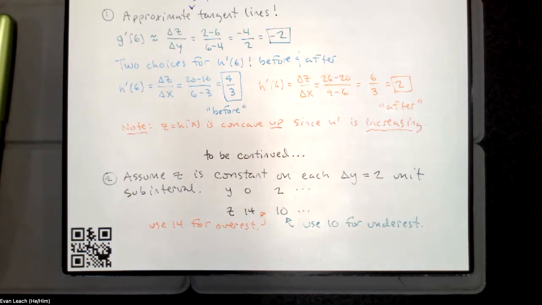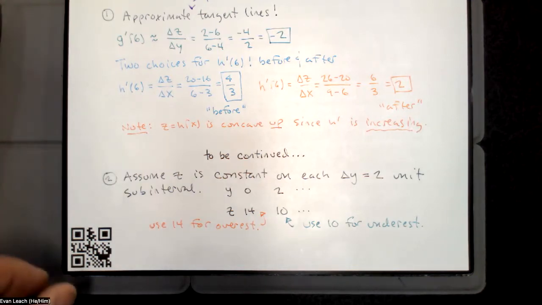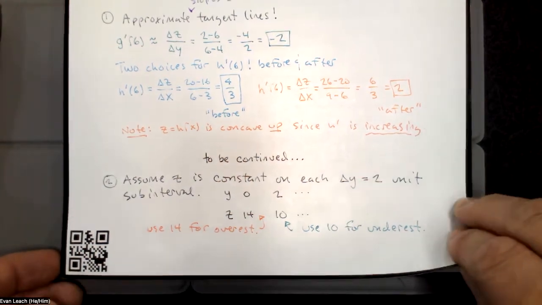We're just going to do our necessary multiplications. What we're doing is we're imagining what the graph looks like.